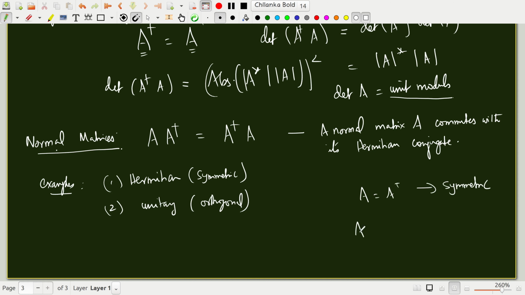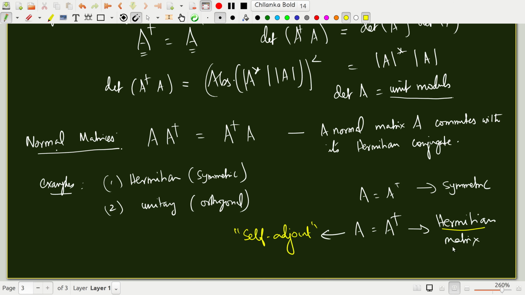In the complex case, if A is A dagger, you call it a Hermitian matrix or a Hermitian operator. Many textbooks also call this, if A is A dagger, a self-adjoint operator. So Hermitian matrices and operators are one and the same as self-adjoint matrices and operators.